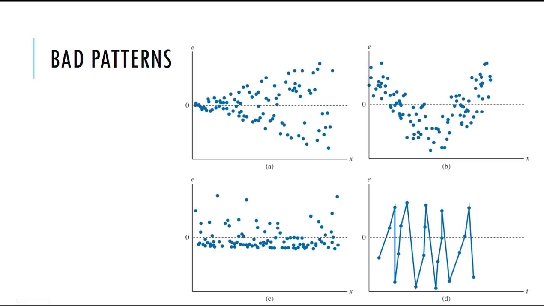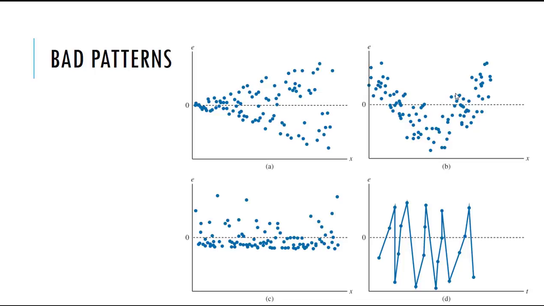There are different ways to handle that. In B, we see this U-shaped or V-shaped kind of pattern to the residuals. This tells me that linear regression probably is not a good idea. Instead, some kind of non-linear model might be good, or I might try to transform the variables to make them more linear.